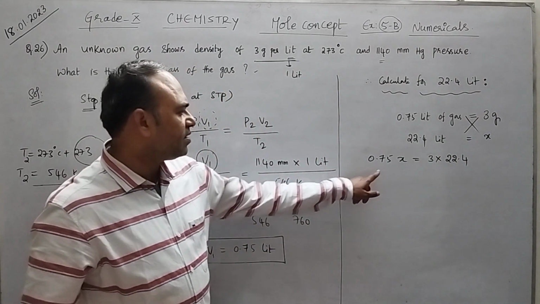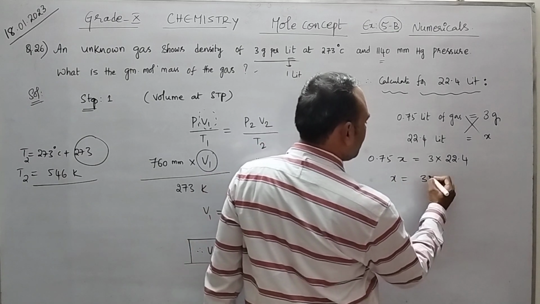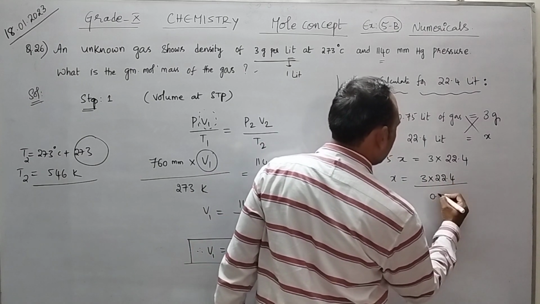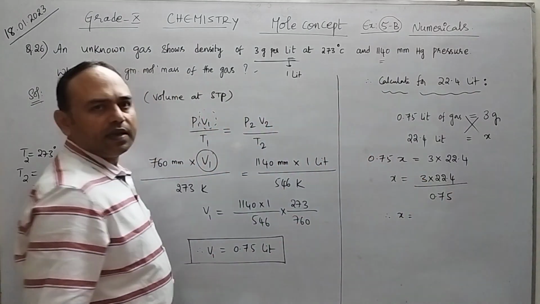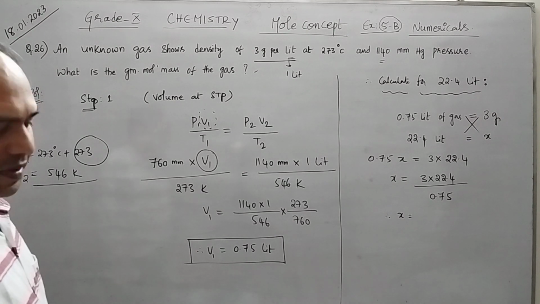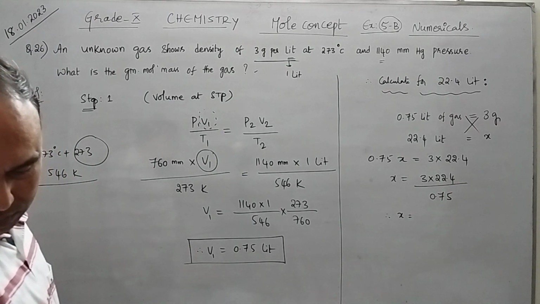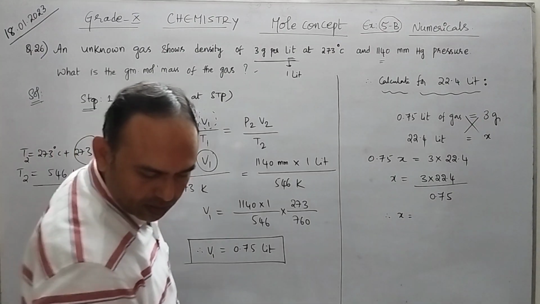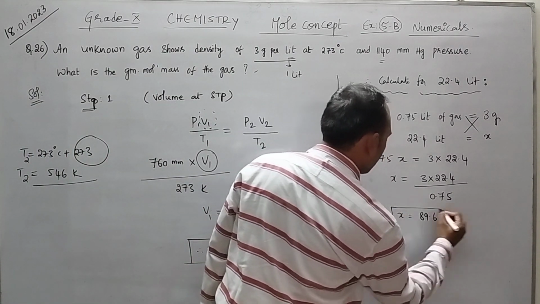You can also take it as 3 by 4 and calculate, not a problem. Now x is equal to 3 into 22.4 divided by 0.75. Calculate this, I have already done. Make a note of this and try. Hope you have got the answer, that is 89.6 grams.